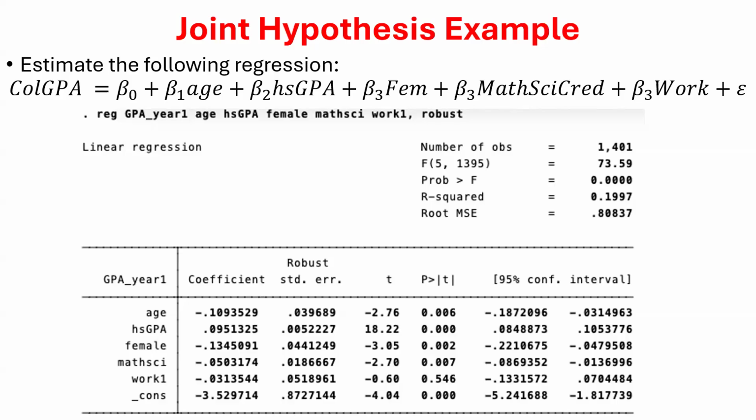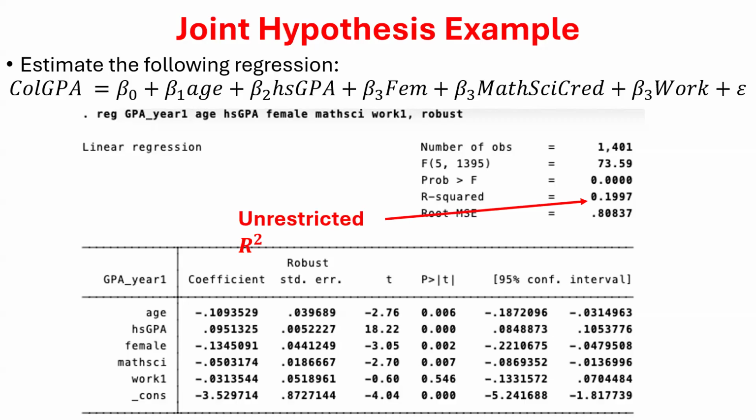I now have my unrestricted model's R squared. Right, so that's part of what I was going to need in my F statistic equation. So I've got R squared from the restricted, R squared from the unrestricted, the number of restrictions Q I have. What would my N be? 1401. That's just my sample size, number of observations.